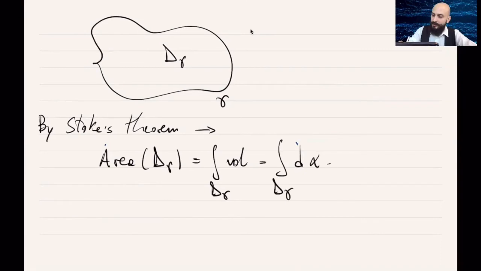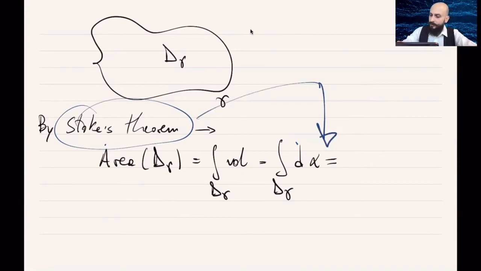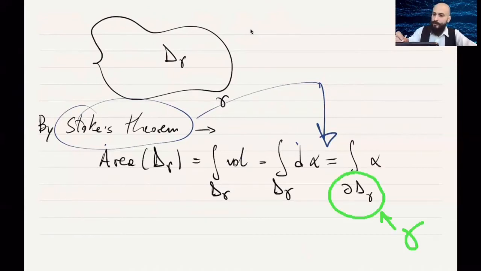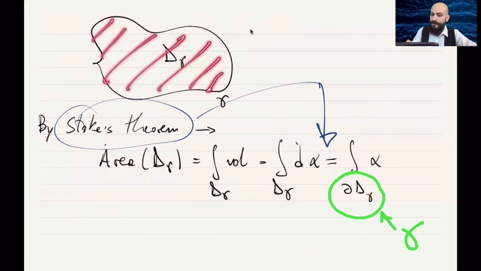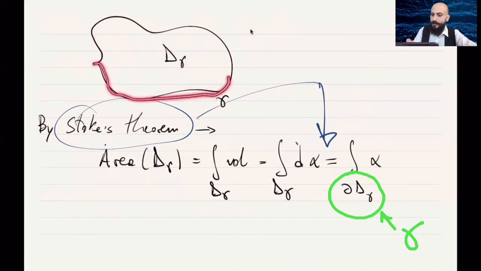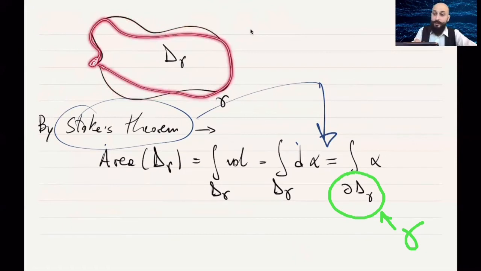Stokes is used here, and we get the same as integrating over the boundary the original one form. So to calculate the area, it's enough to integrate along gamma the one form alpha. This holds if gamma is a closed curve.